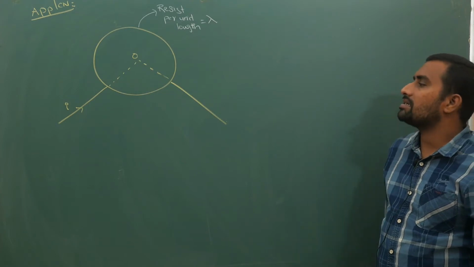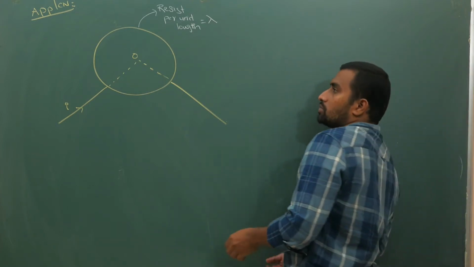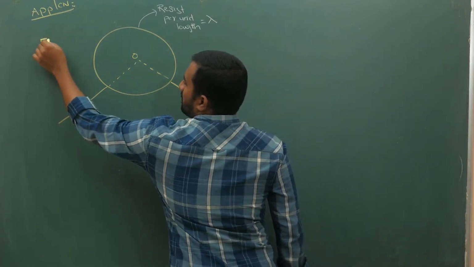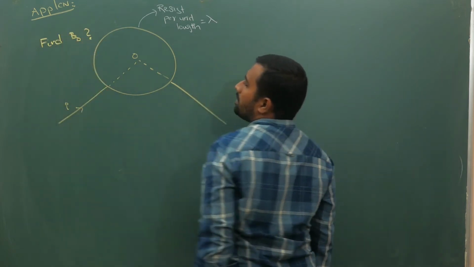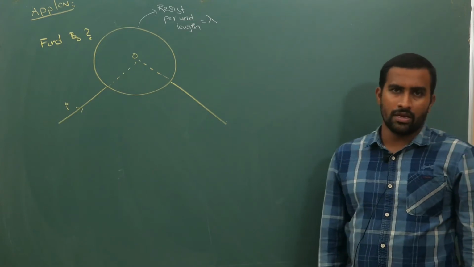The question is, you are supposed to calculate the magnetic field at O.